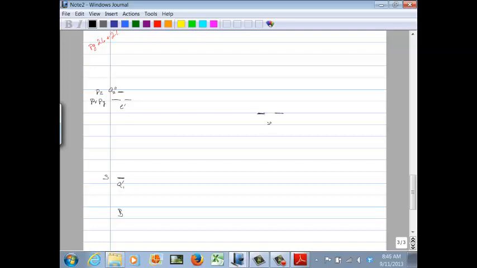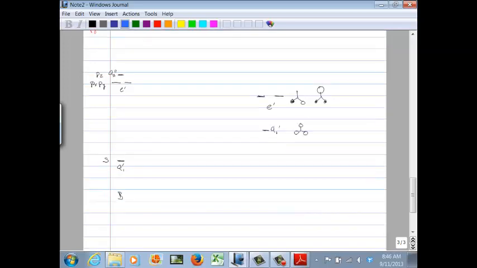I have 2 of E prime symmetry. I'm going to draw the pictures of them. And I have 1 of A1 prime symmetry. So when I draw this molecular orbital diagram, my A1s are going to combine pretty well. They're similar energies.